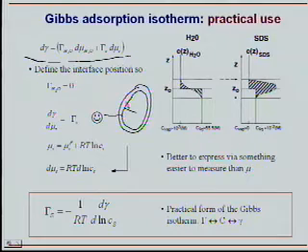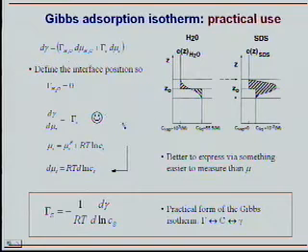But you did not define the interface to coincide with the interface of the droplet, so all of this volume actually has to be ascribed to the surface, and that is going to appear as adsorption. So if you define thermodynamically the surface of the droplet to be different from the real radius of the droplet, you're going to get adsorption of water. And of course you don't want to do that. So you just have to define the right interface in order to get rid of the adsorption of water.